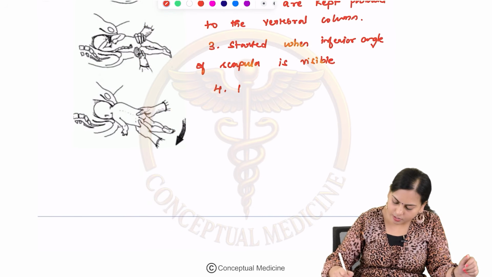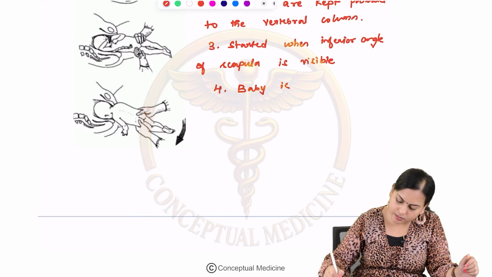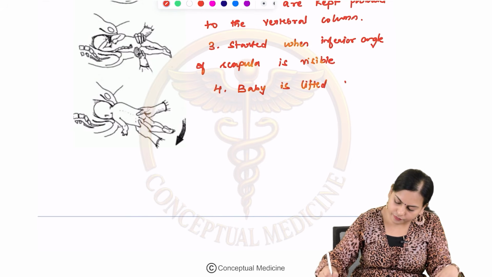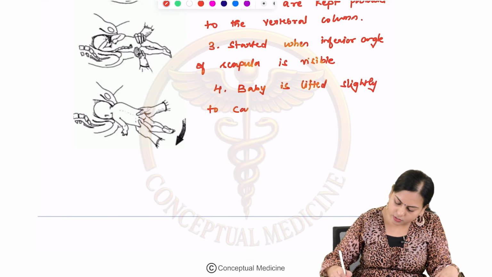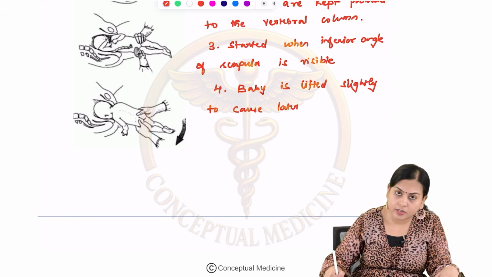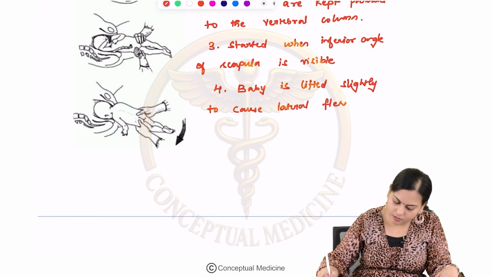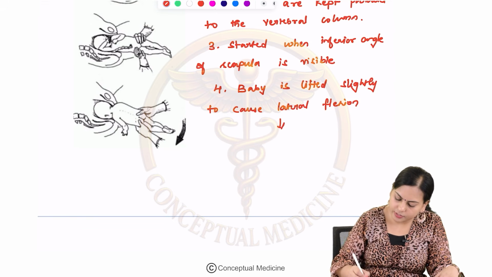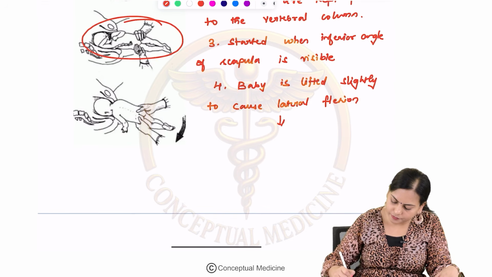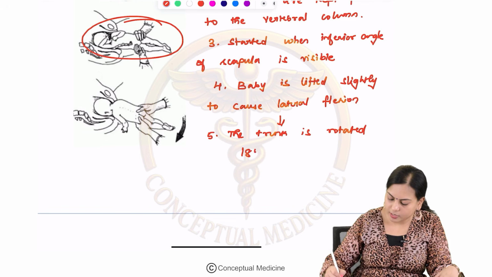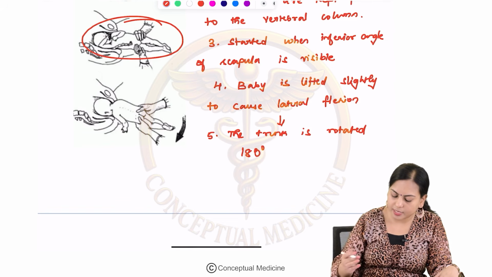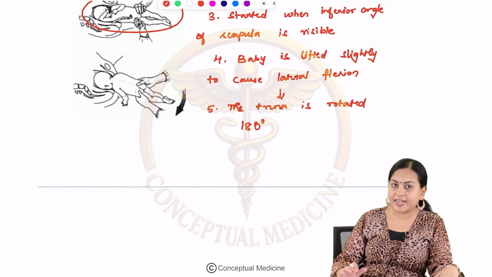So the baby is lifted slightly to cause lateral flexion, and if you see this picture, the trunk is rotated 180 degrees so that you will be bringing the back anteriorly.